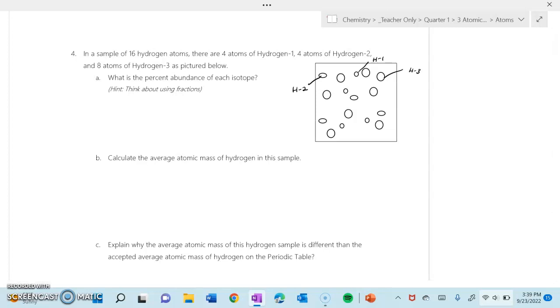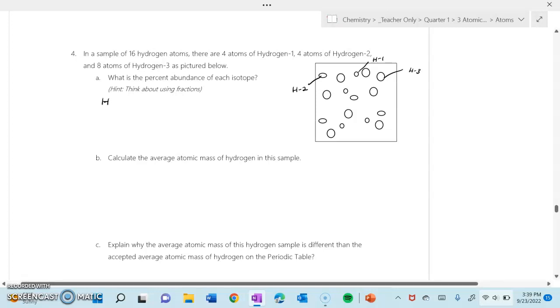When we find percent abundance, it's always been an amount out of 100, but in this case we have 16 total. So I have, for hydrogen 1, 4 out of my 16, which ends up being 0.25. What is that in percentage? That's 25%. So we have 25% abundance of each one.